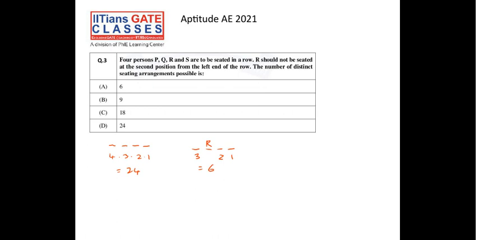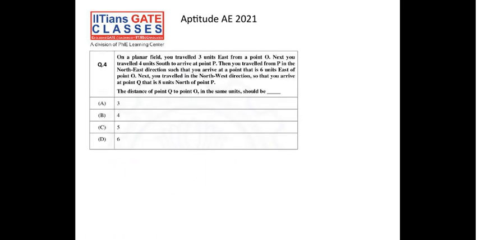So 3 into 2 into 1, it gives us 6. We need the arrangements where R is not seated at second position. So the final answer is 24 minus 6, which is 18. So C is the right option. Moving on to the next question.